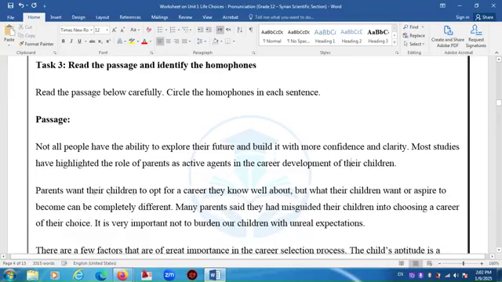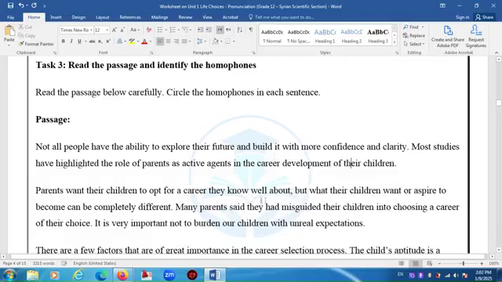Parents want their children to opt for careers they know well about, but what their children want or aspire to become can be completely different. Many parents said they had misguided their children into choosing a career of their choice. It's very important not to burden our children with unreal expectations.